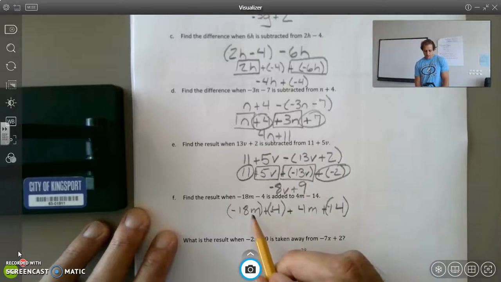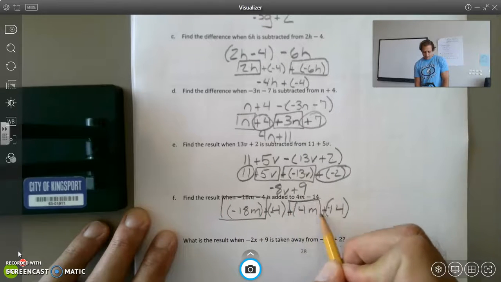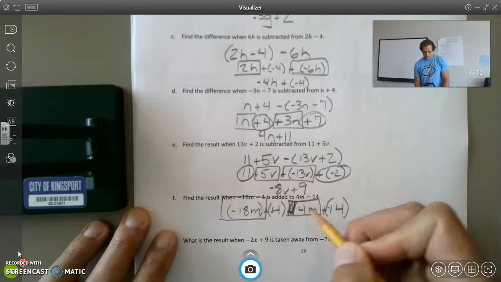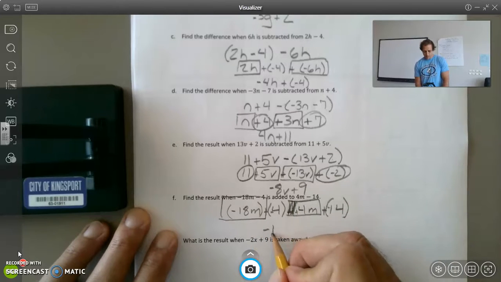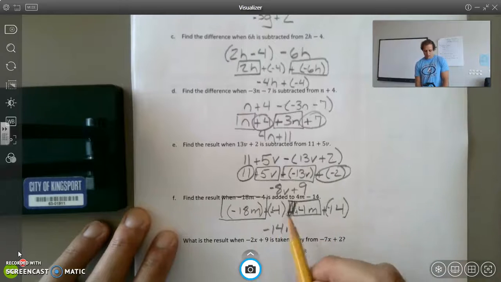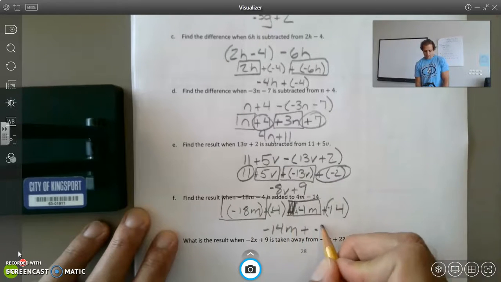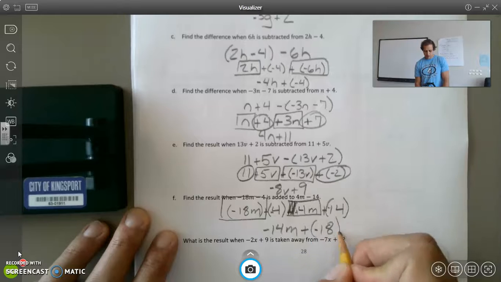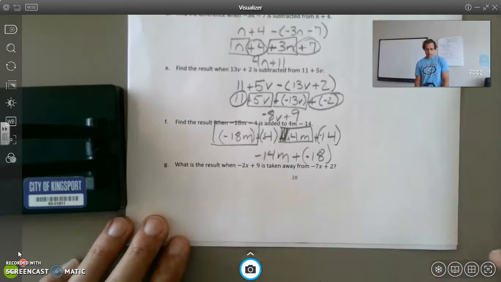Now, negative 18m and 4m are like terms, so it's negative 14m. Negative 4 and negative 14 is negative 18. And here is our expression, negative 14m plus negative 18.